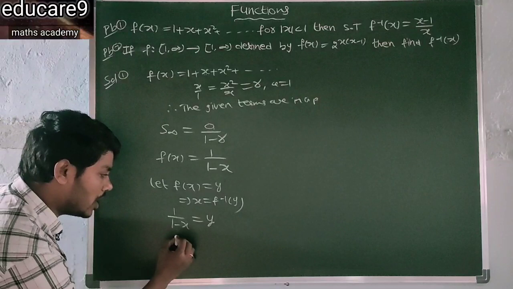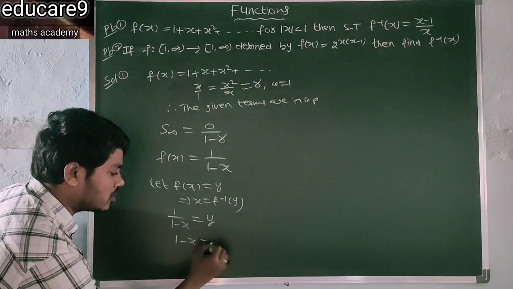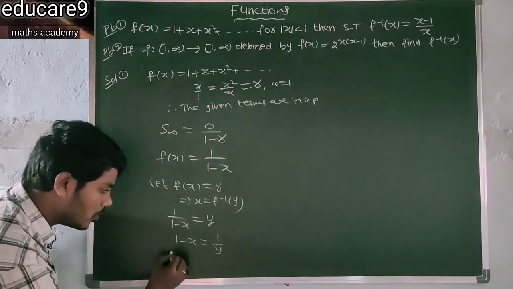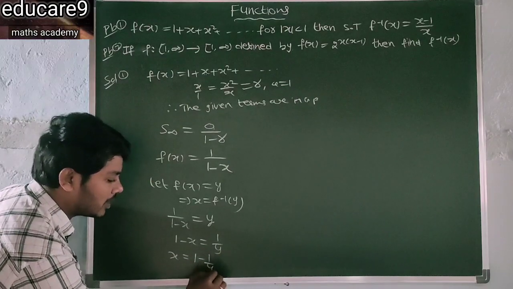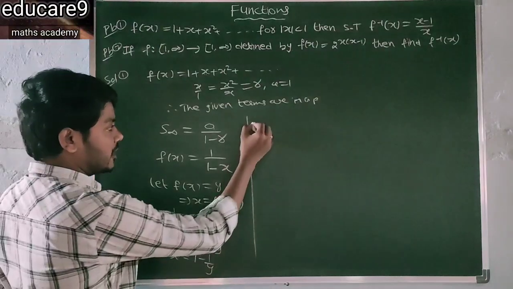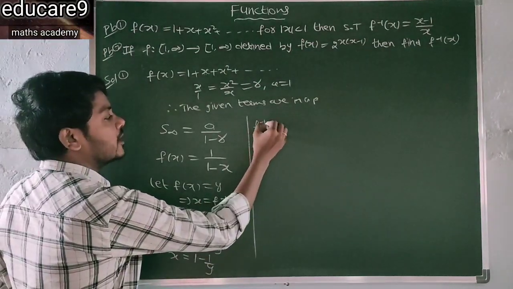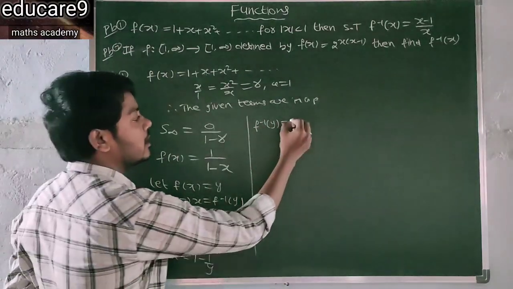Now 1 minus x is equal to 1 by y. Now what is the x value? x is equal to 1 minus 1 by y. So that is, what is x? f inverse of y. So f inverse of y is y minus 1 by y.